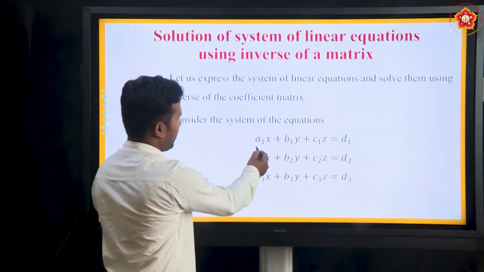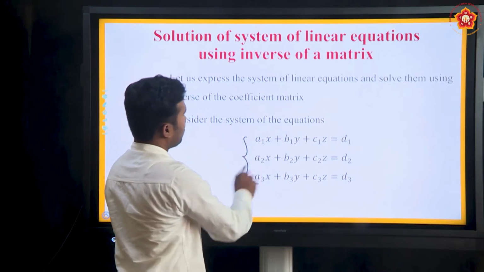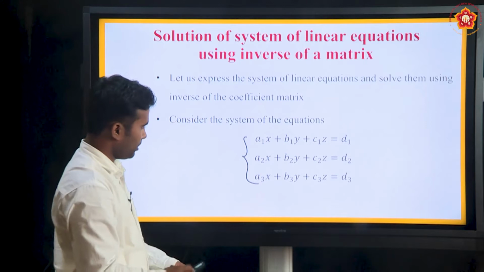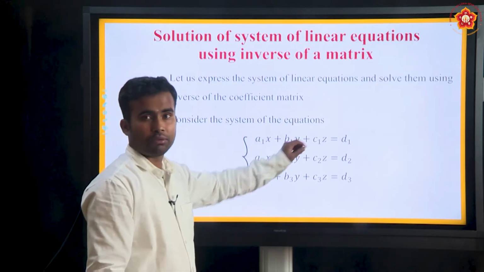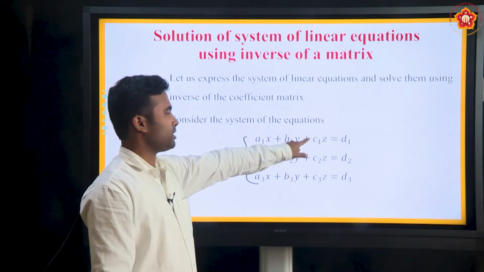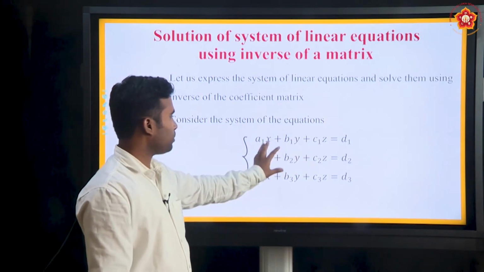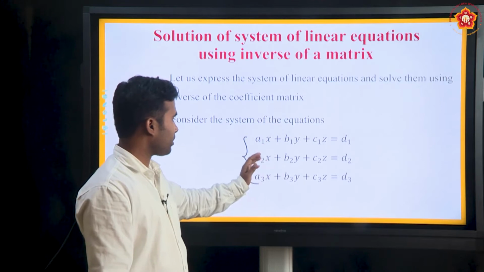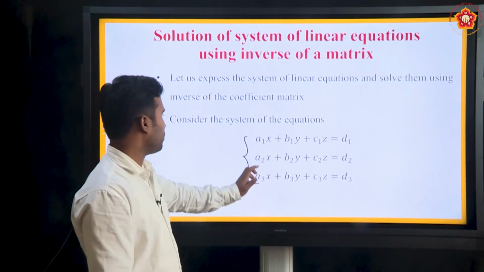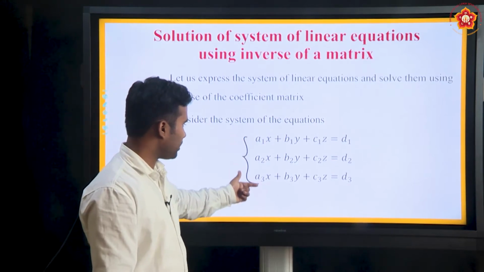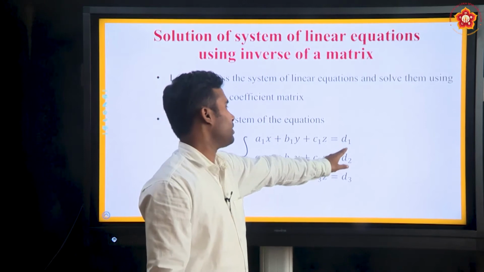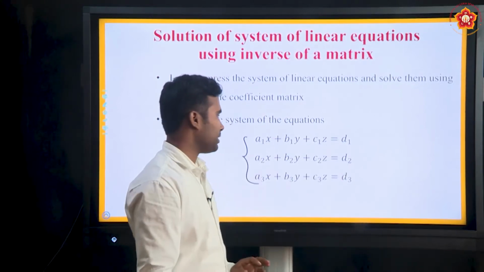See here we have a system of linear equations, okay. This is a general way of writing a system of equations. A1, B1, C1, whatever the coefficients are with the variables, those are all constants only. Whatever you can see here, A1, A2, A3, B1, B2, B3, C1, C2, C3, those are all constants, and D1, D2, D3 are also constants.